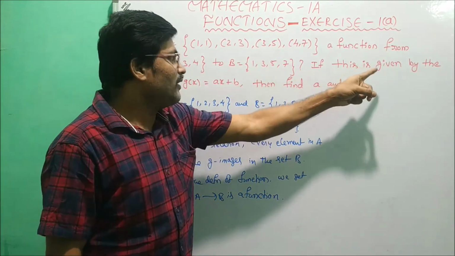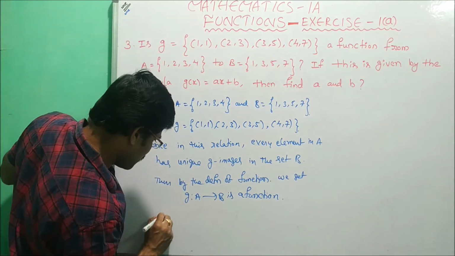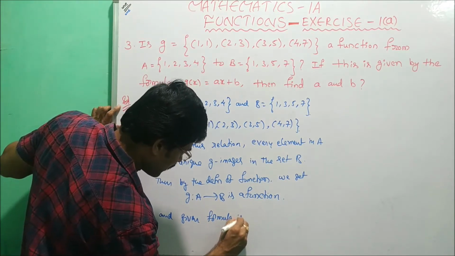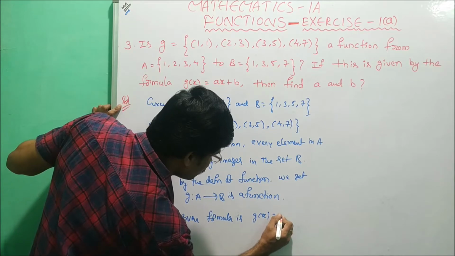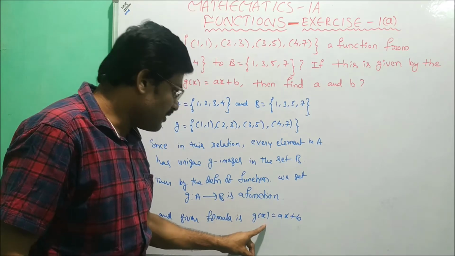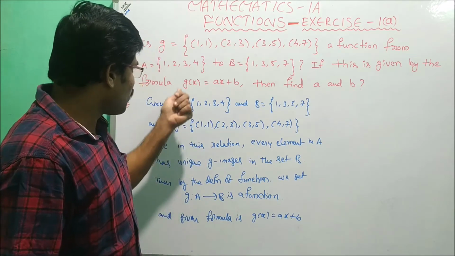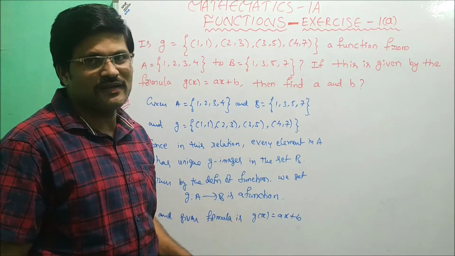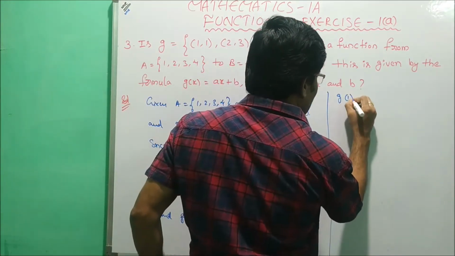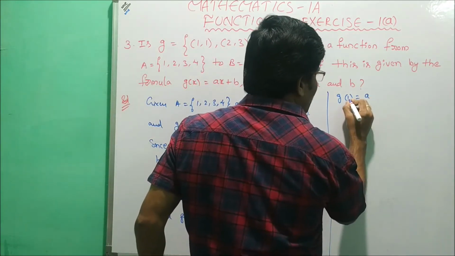Next, we are given one formula, that is G of x equals Ax plus B. Now here we find G of 1, G of 2, G of 3, G of 4, because these are the elements in the domain set A. To find G of 1, G of x equals Ax plus B, where x means 1.